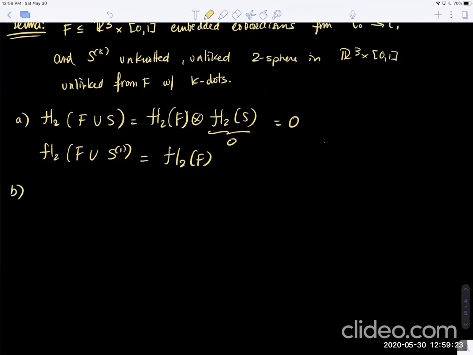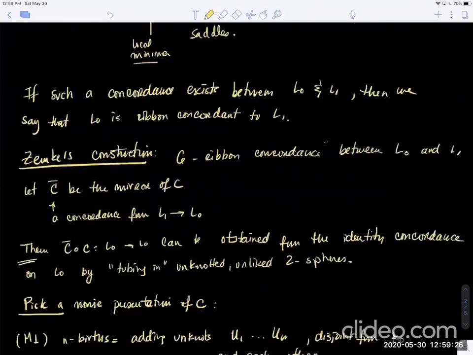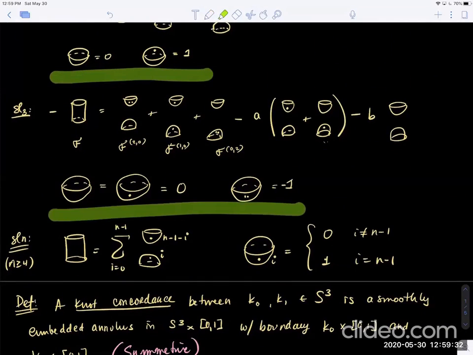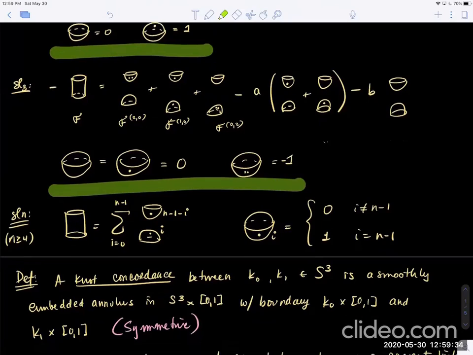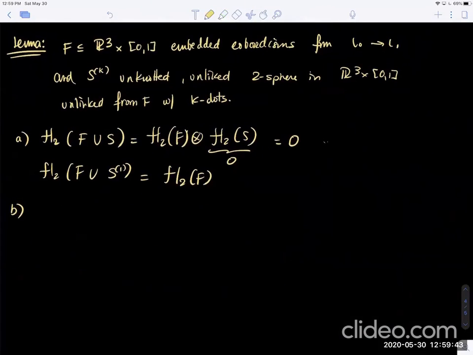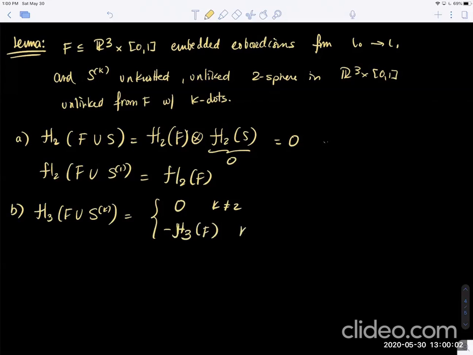And likewise, if we do SL3 and SLN, the relations are going to be completely analogous and are just going to be given by the sphere relations for SL2 and SL3 directly. So I'll just write them out for concreteness. In the case of H3, H3 of F union SK is going to be 0 when K is not equal to 2, and it's going to be minus H3 of F when K equals 2.